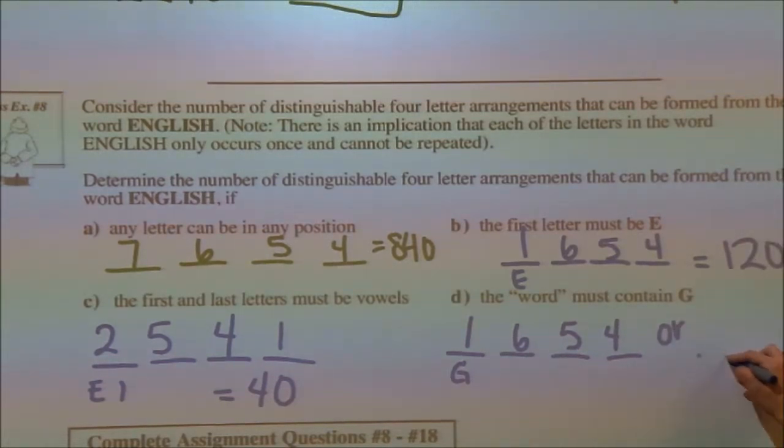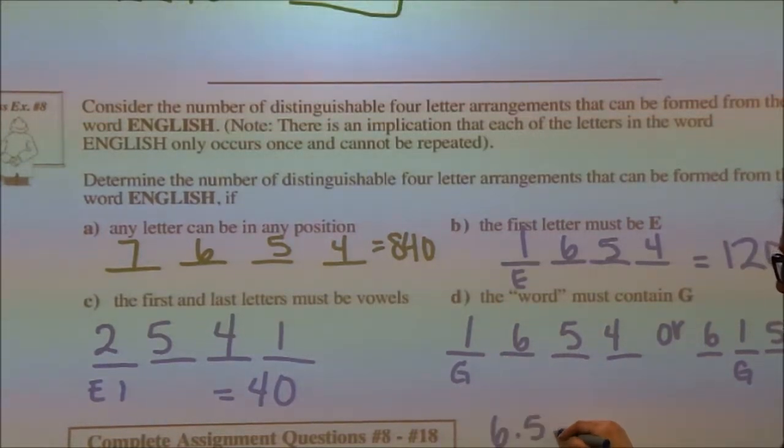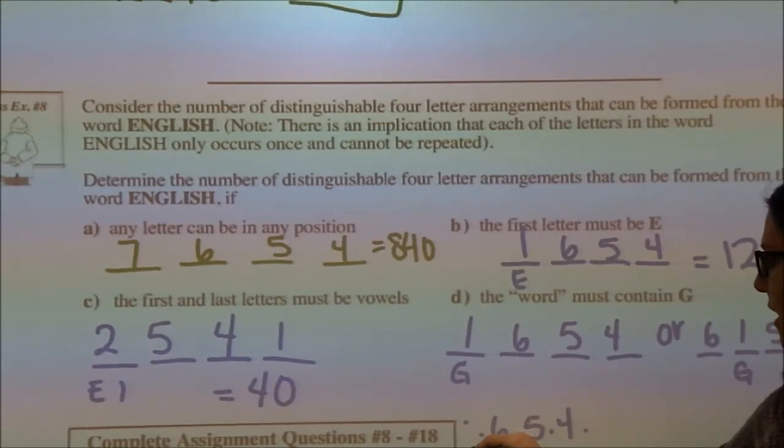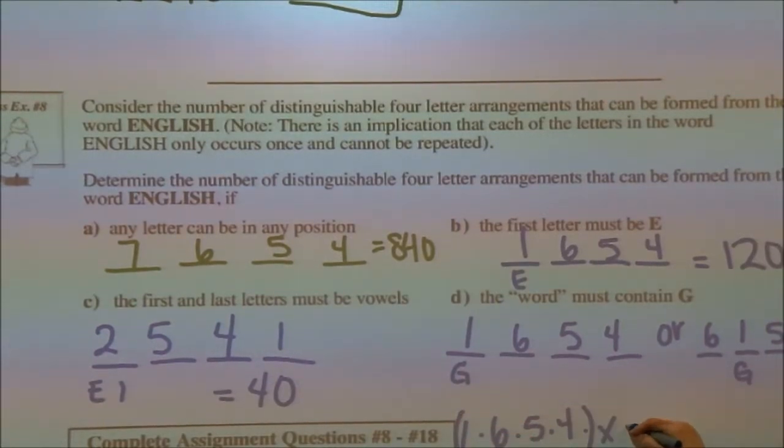Or I could put the G in the second spot, in which case, how many choices do I have for the first spot? 6. Then 1, then 5. Or the G could be in the third spot, or it could be in the fourth spot. So really it's taking this 6 times 4 times 1, and multiplying it by 4 to account for this G moving in 4 different places.